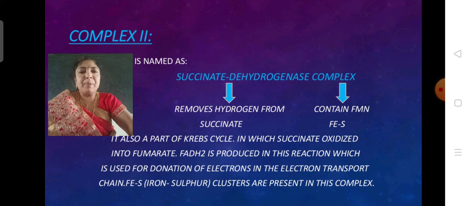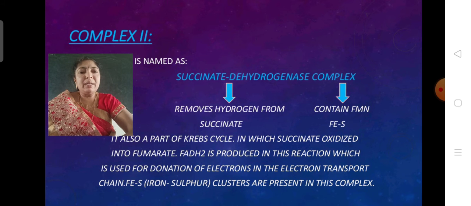It is also a part of the Krebs cycle, in which succinate is oxidized into fumarate in the citric acid cycle. In the citric acid cycle, after alpha ketoglutaric acid, the succinate is oxidized to fumarate. So here FADH2 is produced in this reaction, which is used for the donation of electrons in the electron transport system.